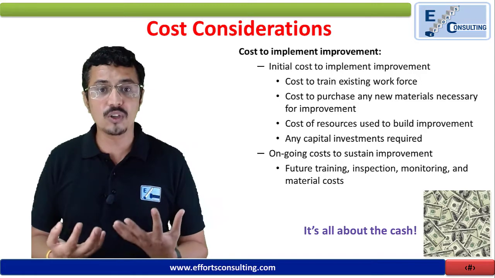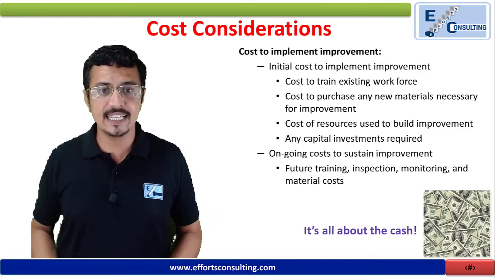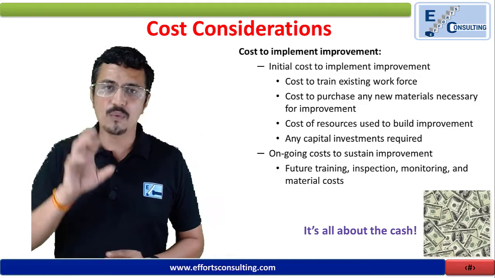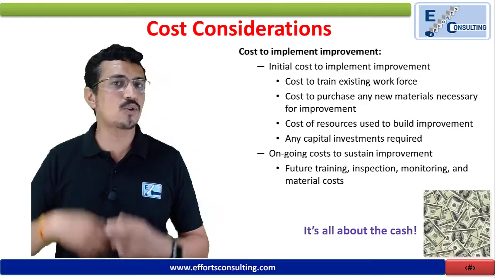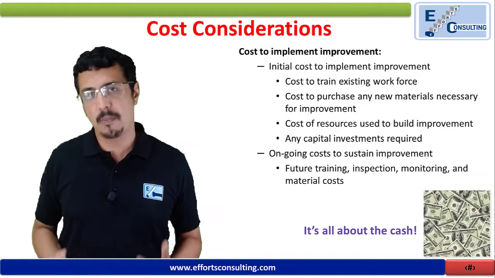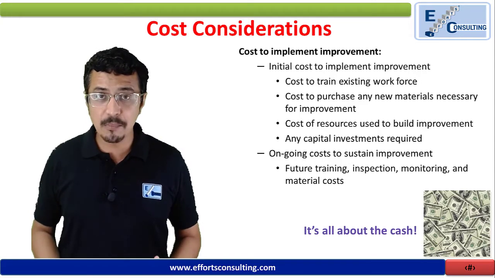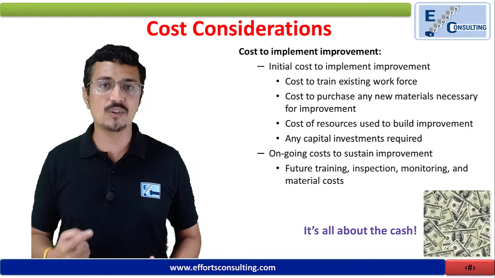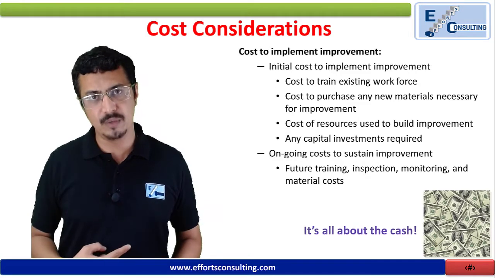And the ongoing cost to sustain the improvement is like future training, inspections, and monitoring. All this cost you need to calculate and come out with figures for the exact amount you are going to spend for this particular improvement. And the important question is whether it is advisable to incur that cost versus the benefit which you will be getting.